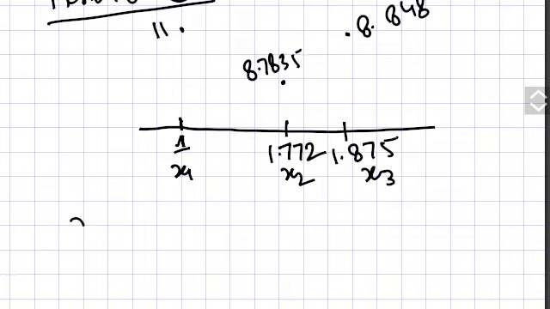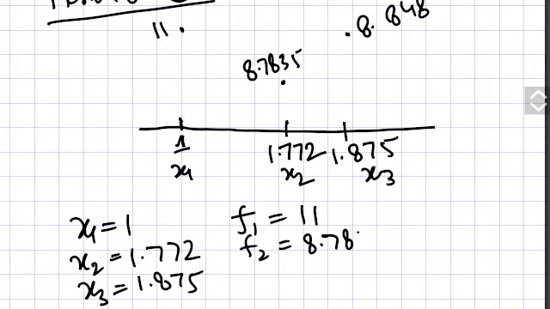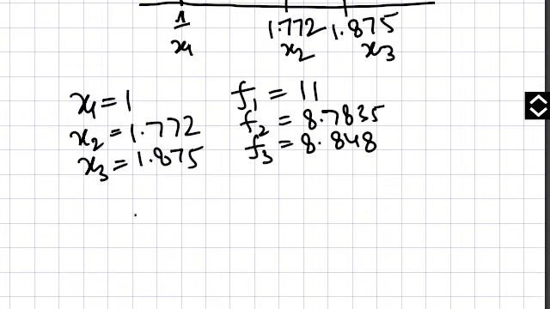So we can write it here, x1 is equal to 1, x2 is equal to 1.772 and x3 is equal to 1.875, and function values 11, f2 is 8.7835 and f3 is 8.848.